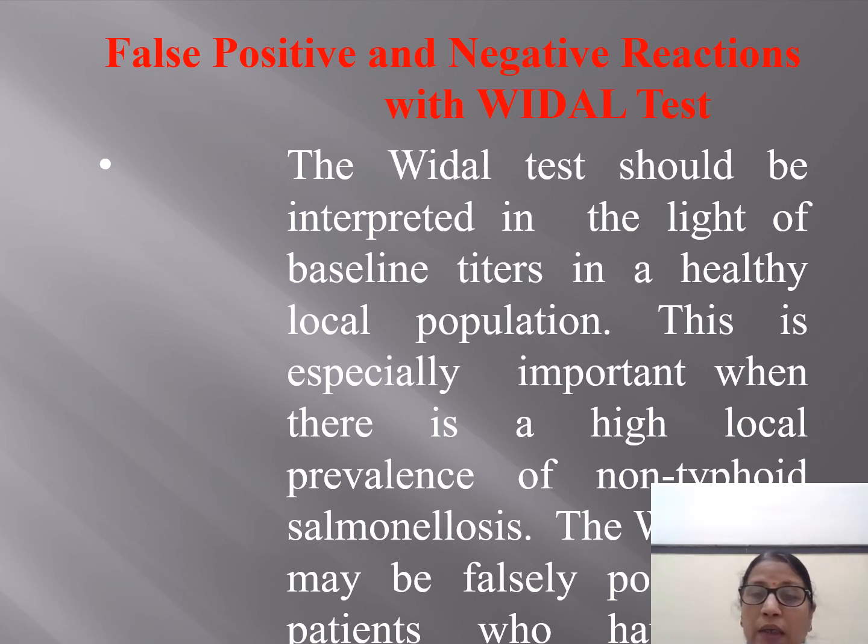So if you are getting your test positive up to 1 tube or 2 tubes only, this indicates community titer. This is not positive. So in order to demonstrate a rise in titer, you have to take one more sample after 1 week, or at an interval of 7 to 10 days. And if you are able to demonstrate a rise in titer, then this is indicative of active infection by enteric fever.